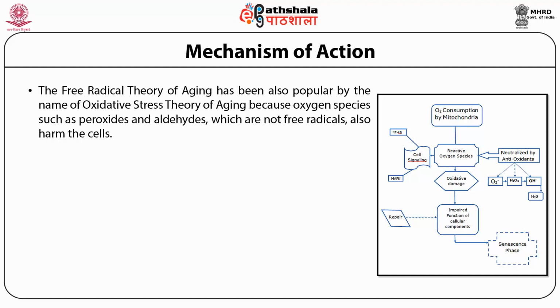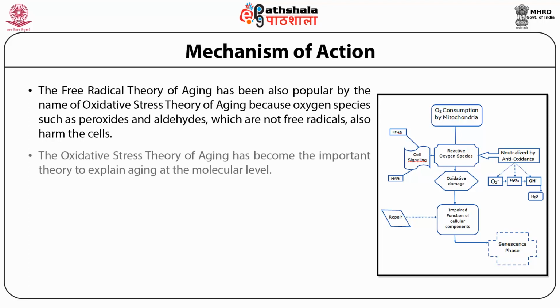When there is an imbalance between the pro-oxidants and the antioxidants, then there is an aggregation of oxidative damage in various macromolecules with age, resulting in a progressive loss in the functional cellular processes leading to the senescence phase of the cells. The oxidative stress theory of aging has become an important theory to explain aging at the molecular level.